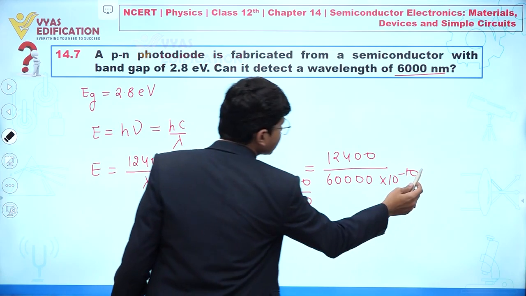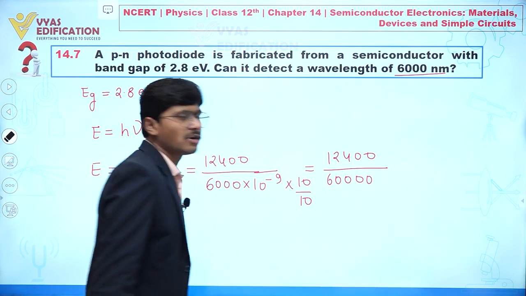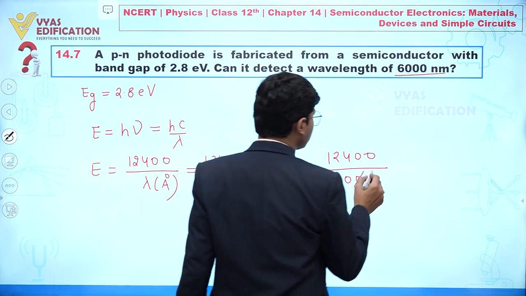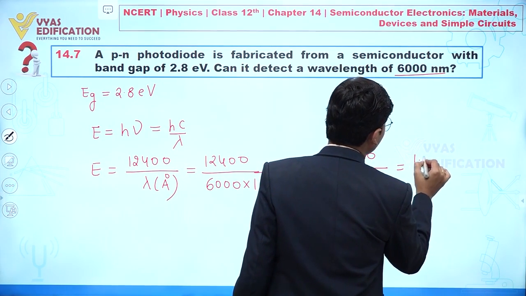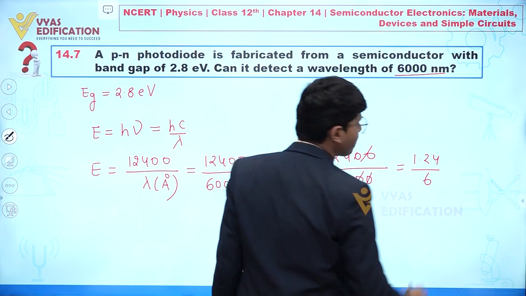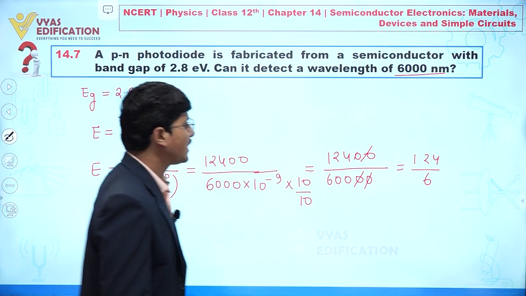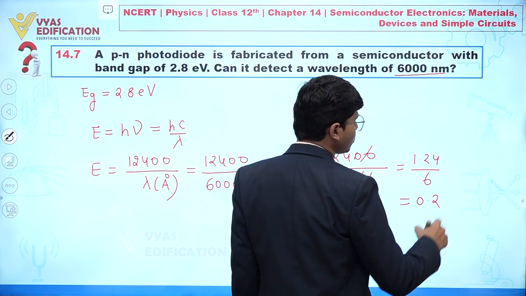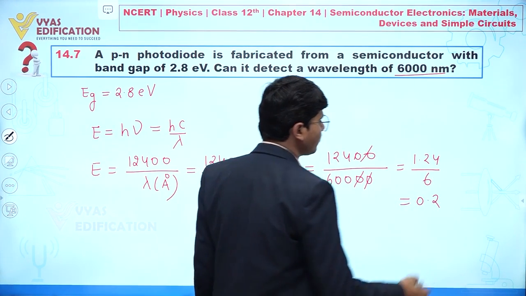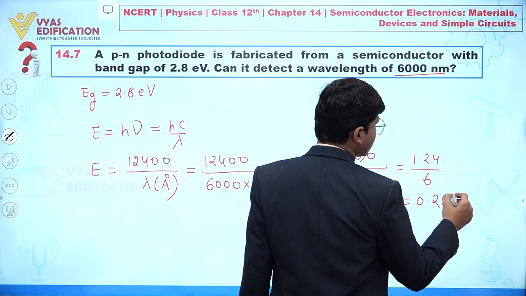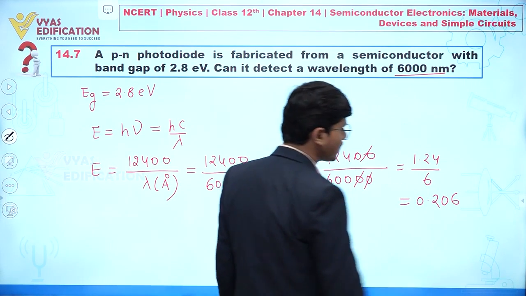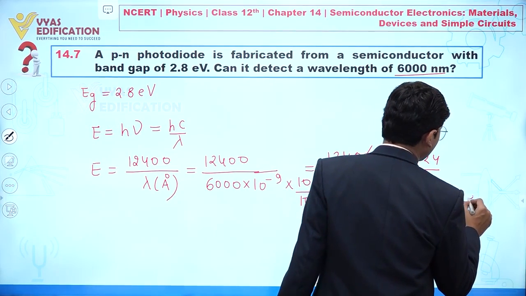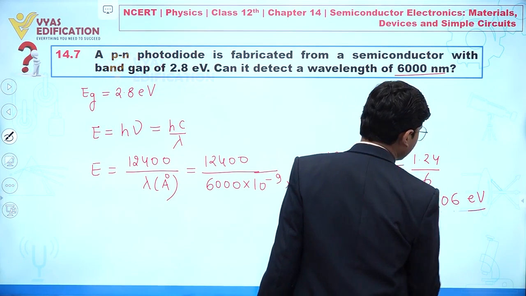So directly I can write 60,000. Now the zeros cancel out: 1.24 divided by 6, which is 0.206 electron volt. That is the energy we are getting.